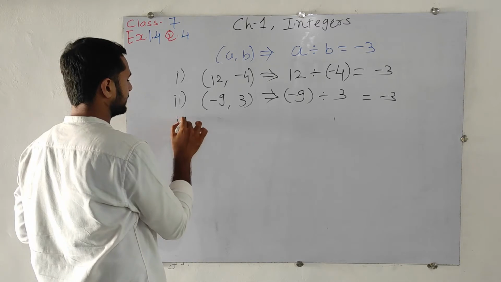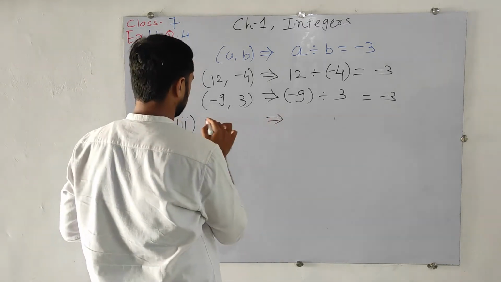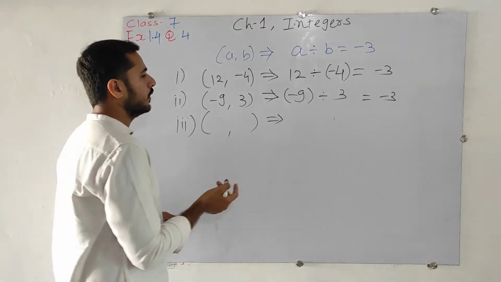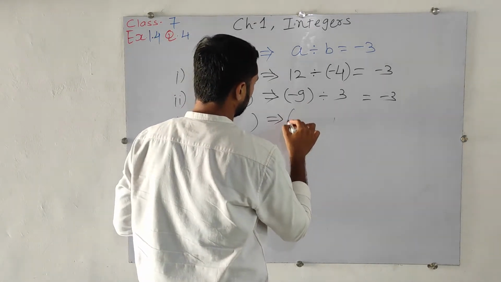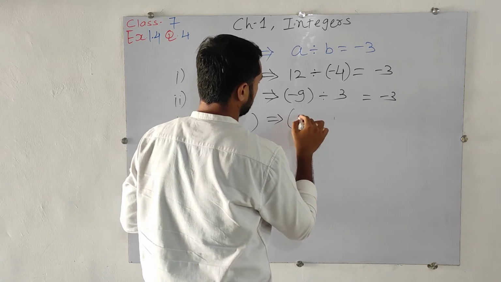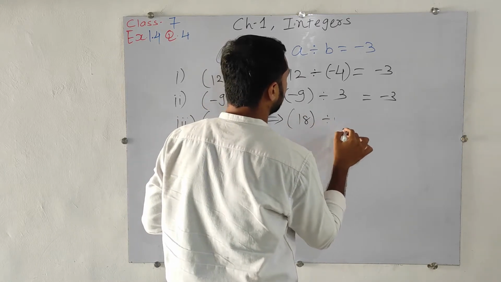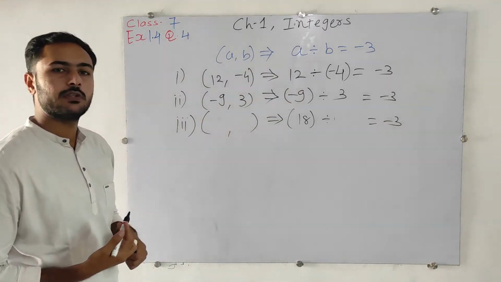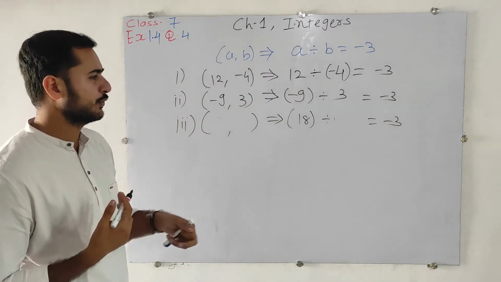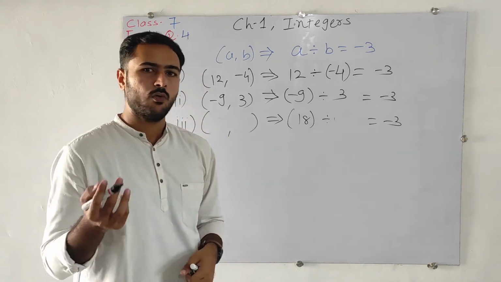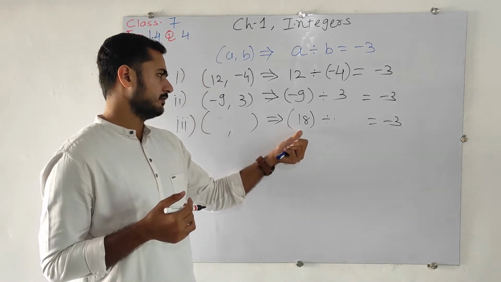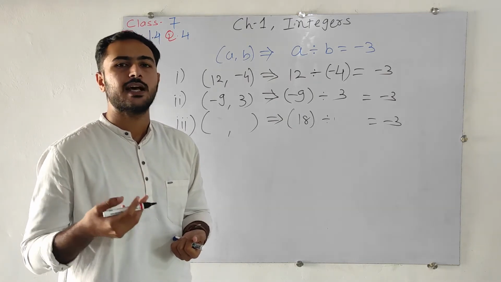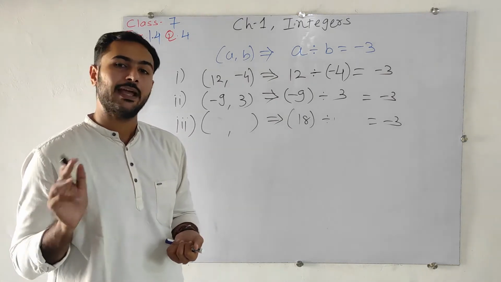Now let's see the third pair. Let's select another number, that is 18. What should I divide 18 by to get the answer minus 3? Let's recall the table of 3. 3 1s are 3, 3 2s are 6, 3 3s are 9, 3 4s are 12, 3 5s are 15, 3 6s are 18.